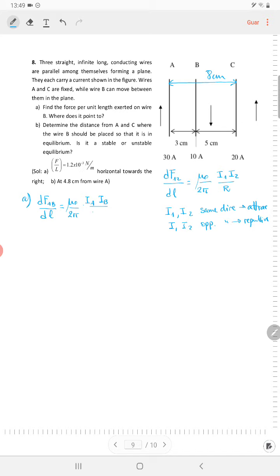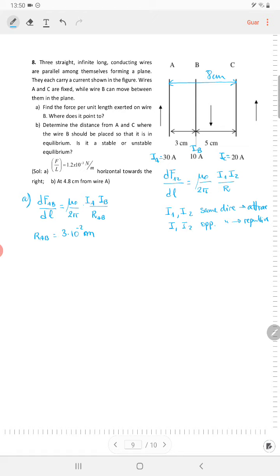Okay, the distance between A and B. So the distance between A and B is 3 centimeters. The currents, we have them here. So this is IA, this is IB, this is IC.